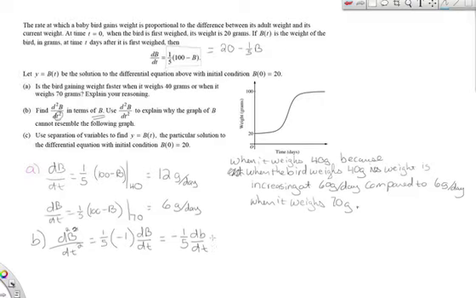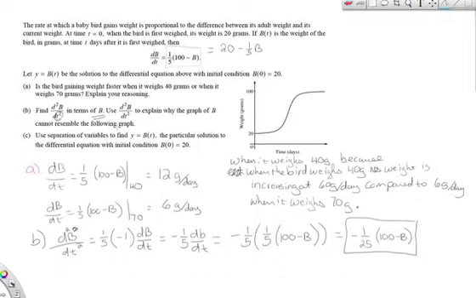So I could ultimately write my answer as negative 1/5 of dB/dt, which is 1/5 of 100 minus B. In other words, the answer is negative 1/25 (100 minus B). Okay, so find the second derivative, done.